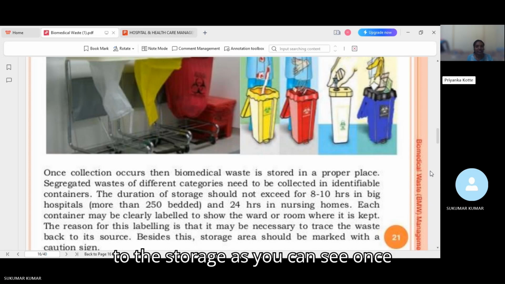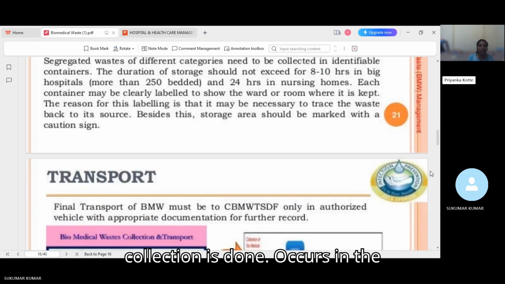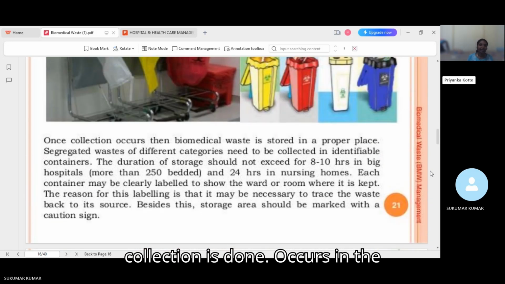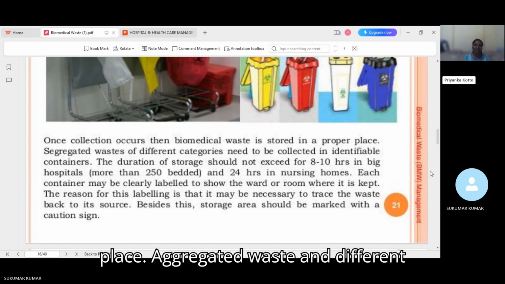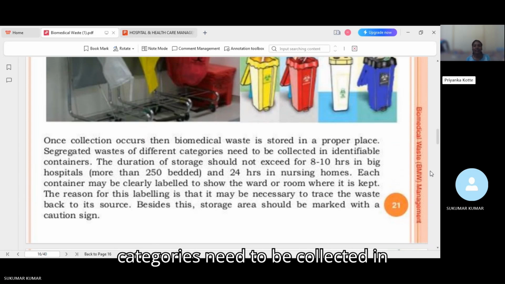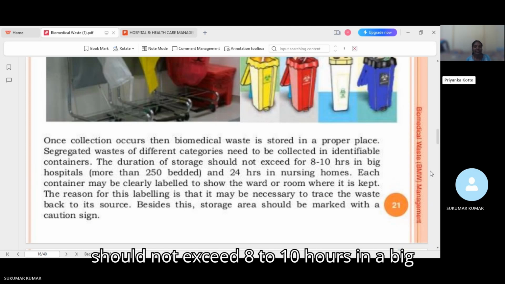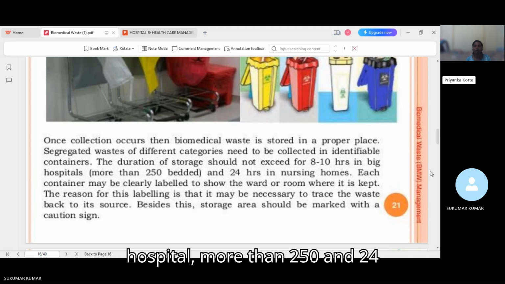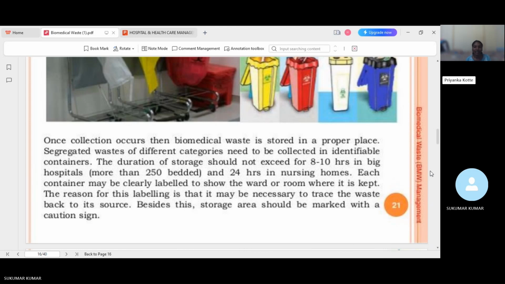And coming to the storage, as you can see, once collection is done, biomedical waste is stored in a proper place. Segregated waste in different categories needs to be collected in identifiable containers. Storage should not exceed 8 to 10 hours in a big hospital of more than 250 beds, and 24 hours in nursing homes.